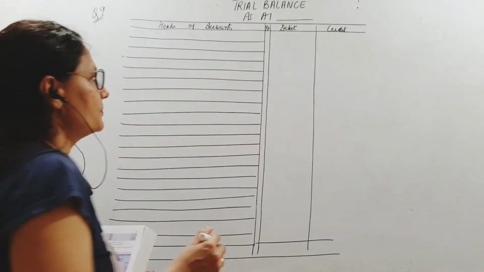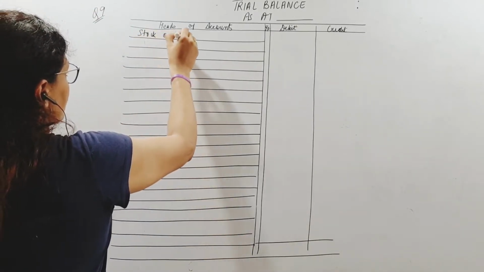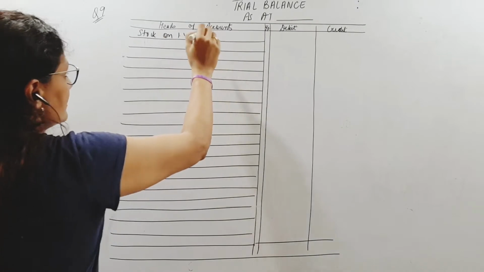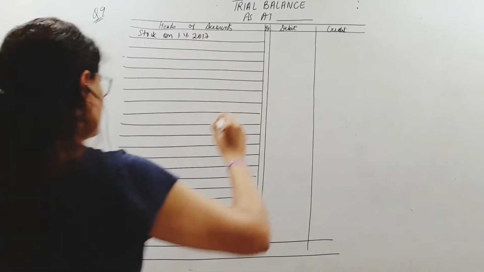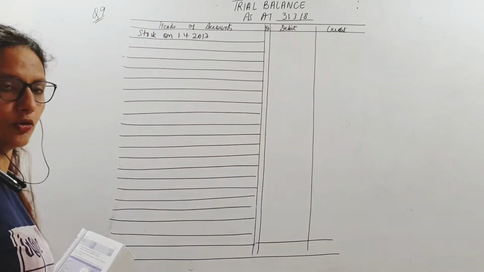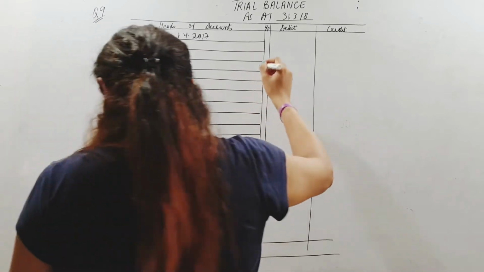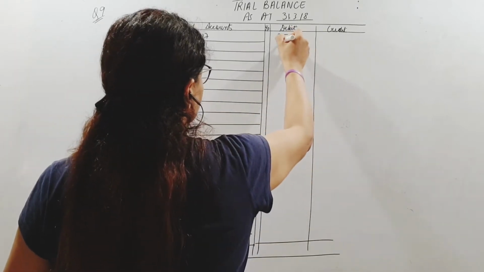Stock on 1/4/2017. We are making the trial balance on 31st March 2018, therefore this is the opening stock. Opening stock, we discussed, is an expense for us, and that we put in the debit column.